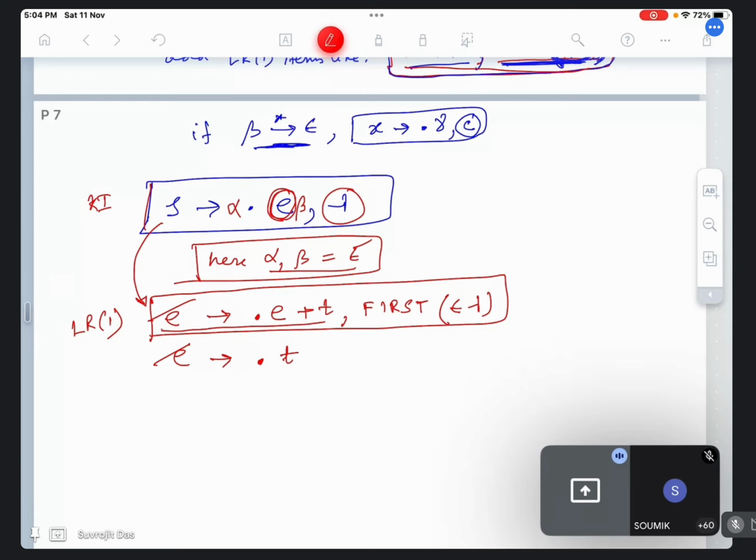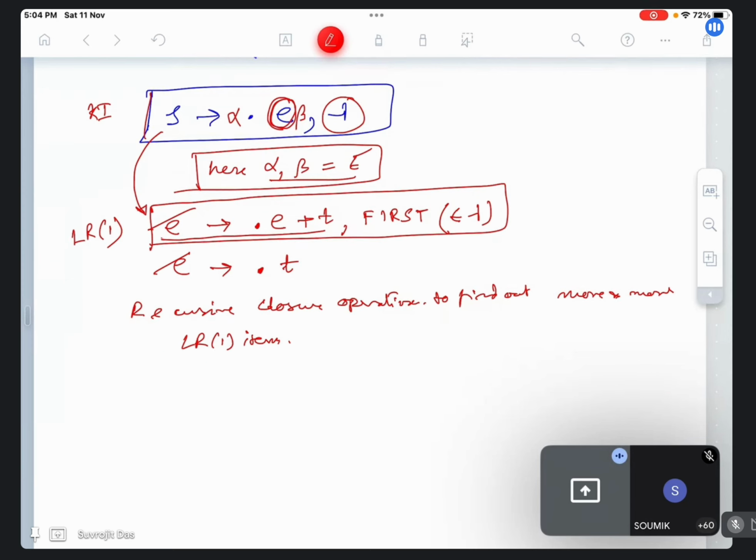So what you can do is perform a recursive closure operation and find out more and more LR1 items.